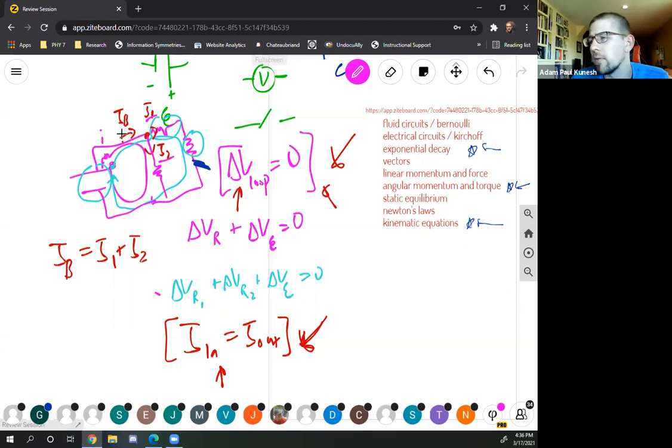You could alternatively find the total current out of the battery by reducing the resistors, doing those resistor additions to find the equivalent resistance, and then determining the battery current. Then do one of the loops, and that'll give you the last current. Either will get you there. For me, what I think is fastest is to do the loop on each, the two loops, the pink loop and the blue loop.